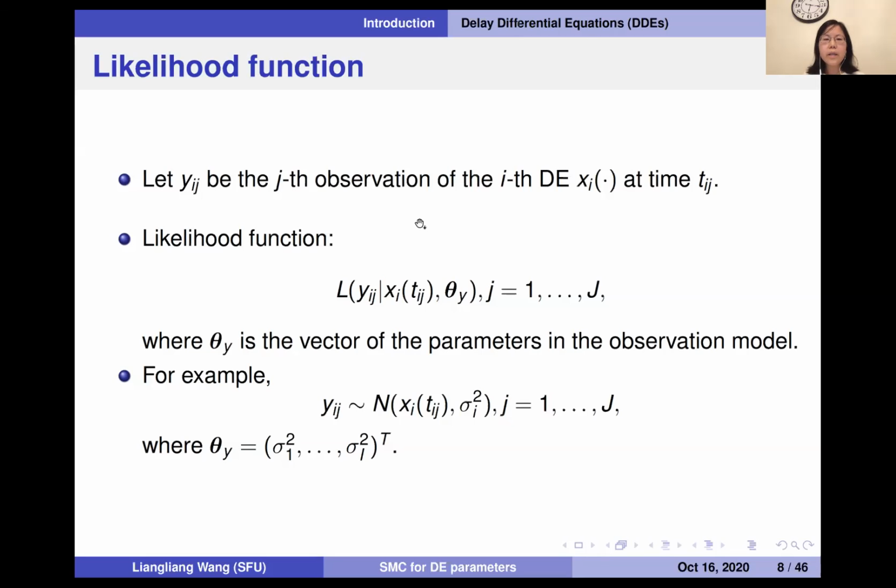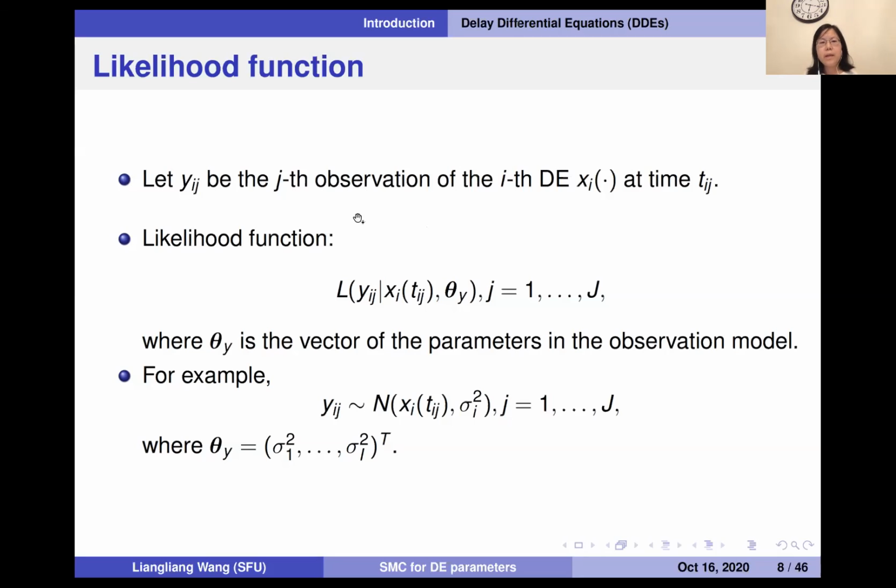We can only observe some noisy data, or we can only partially observe the data. I use y sub ij to denote the jth observation of the ith differential equation x_i at time t_ij.